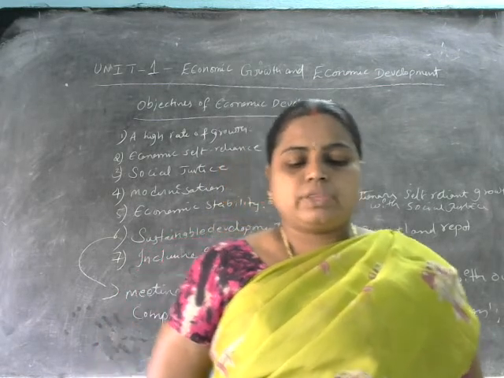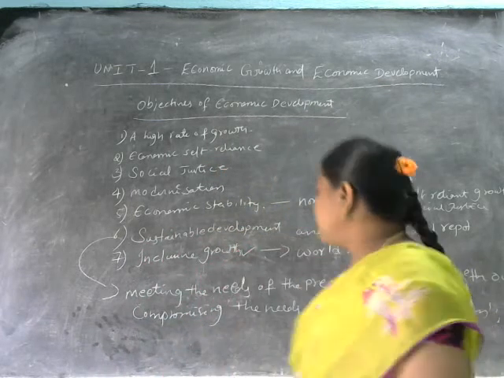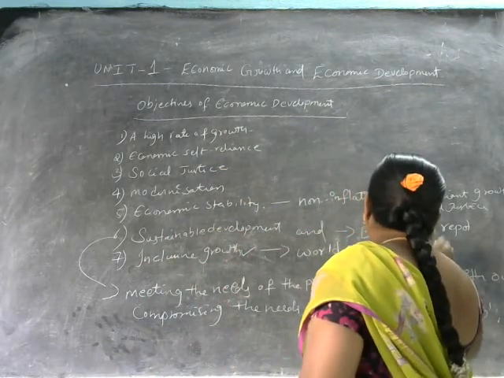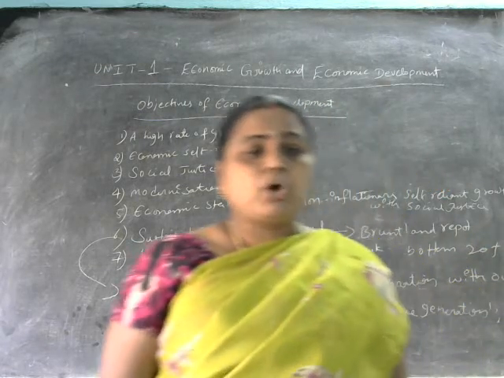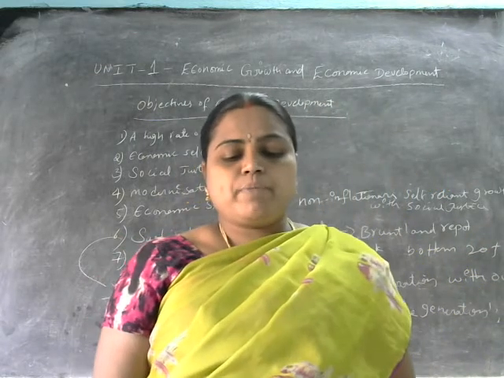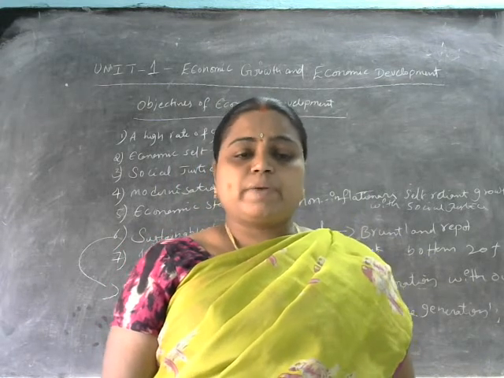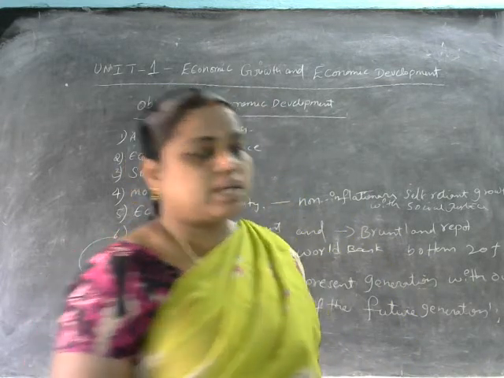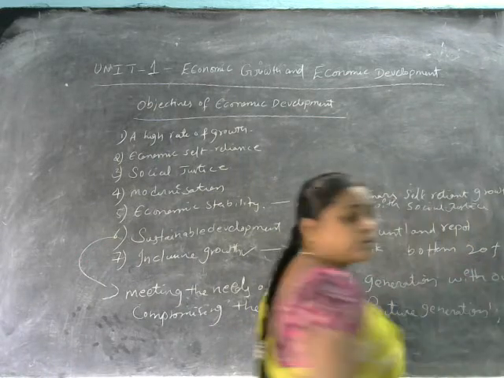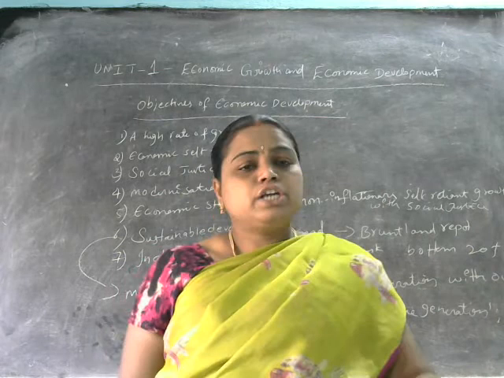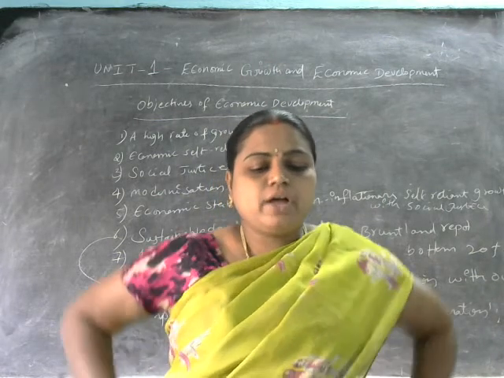For instance, the bottom 20% of the population gets only 2 to 3% of the national income.